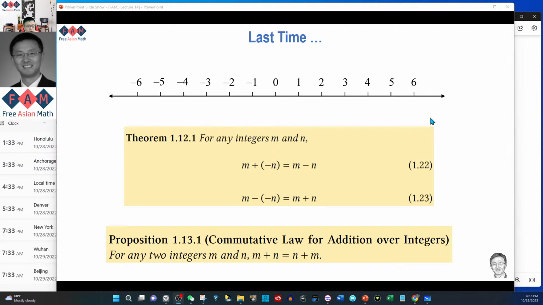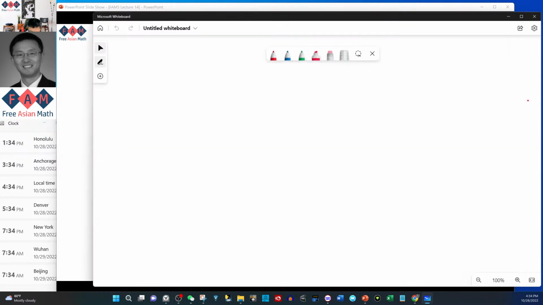Okay, very important concept. And we took pains to actually show this theorem is true. Then we talked about the commutative law. We do not provide a rigorous proof, but intuitively explain on the number line why m plus n equals n plus m. Essentially, it's something like this. On the number line, you have a number m plus n.